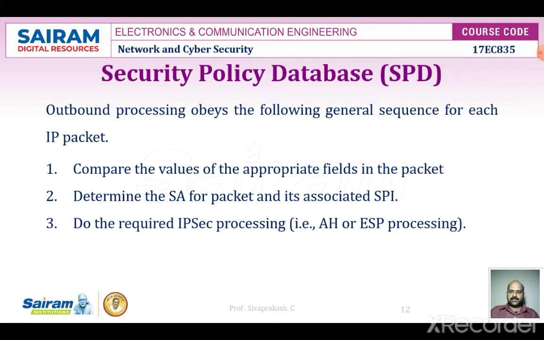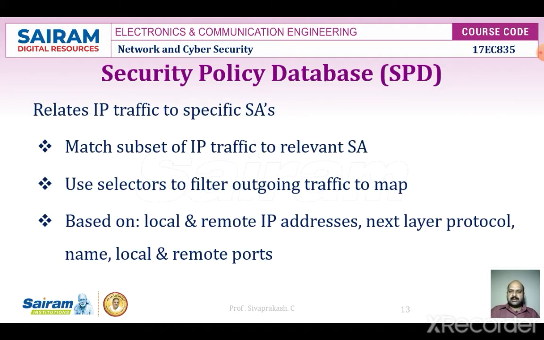So let me discuss how security related IP traffic is mapped to the specific security associations, which matches the subsequent IP traffic to a relevant security association, and which uses the selectors to filter outgoing traffic to map the particular process, and which is going to be based on local and remote IP addresses, next layer protocol name, and local and remote ports.